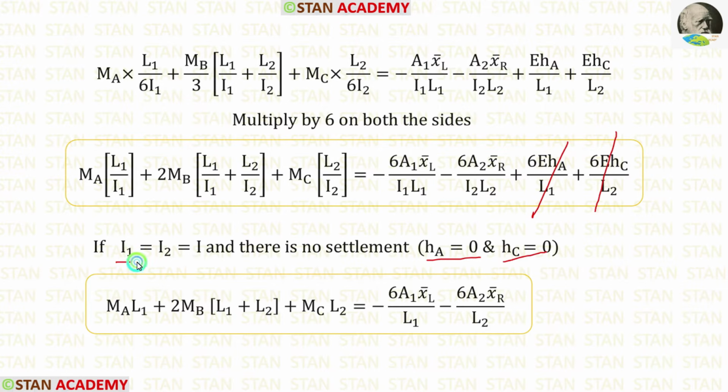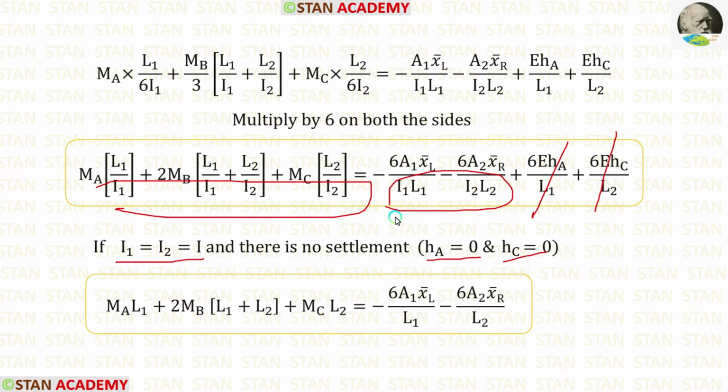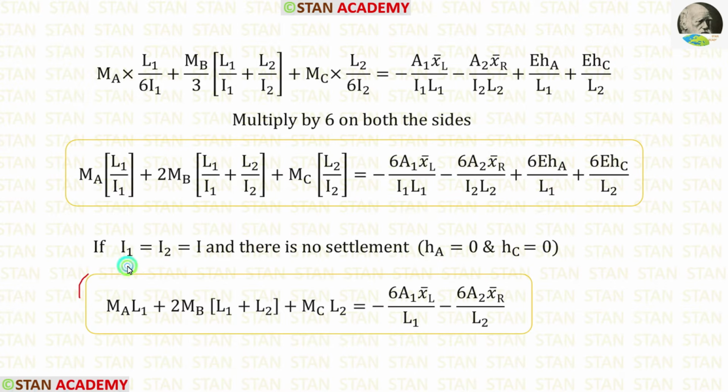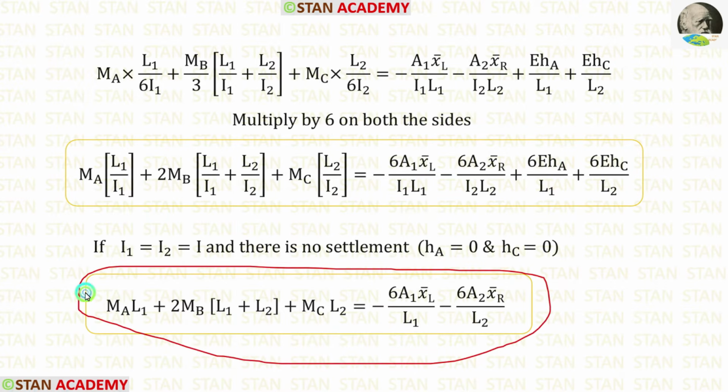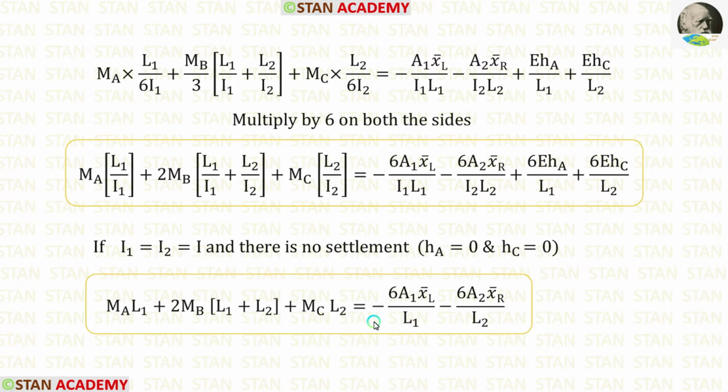When I1 is equal to I2 is equal to I, here and here I will be eliminated. So finally we will have a new equation. Now let us make the formulas for 6a1 x bar L upon L1, 6a2 x bar R upon L2 for the standard cases.